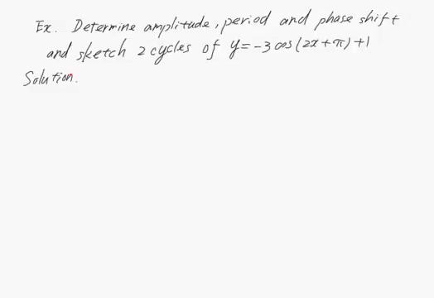So first, what is the amplitude? 3, right? It is the absolute value of the coefficient of this cosine function. So this is equal to the absolute value of -3, so that is 3. Then, what is the period?